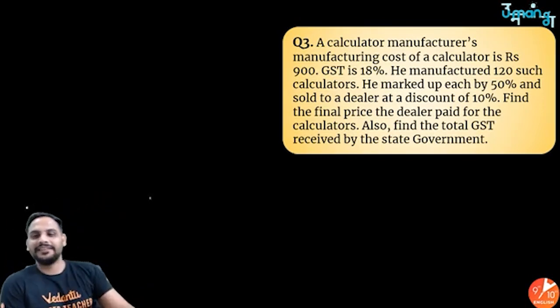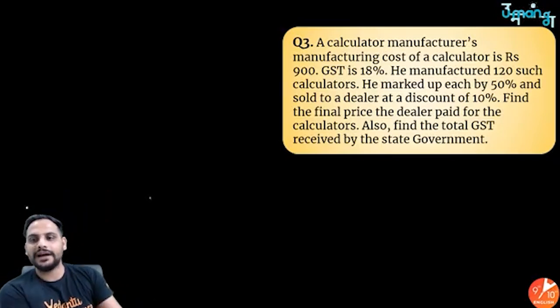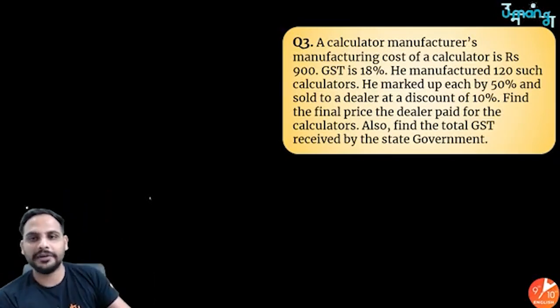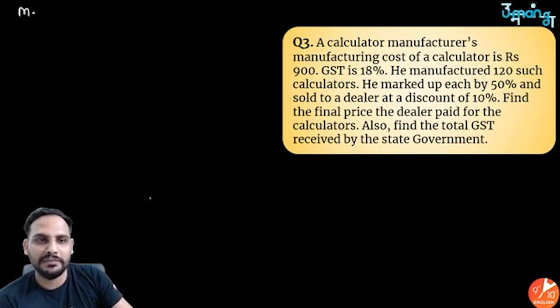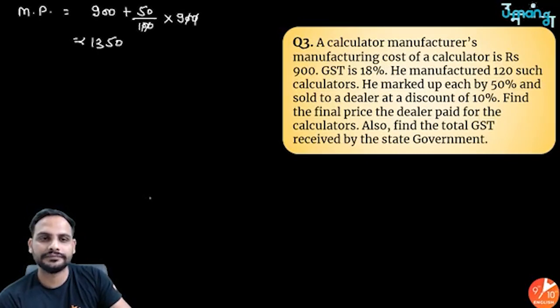The manufacturing cost is 900. He has marked the price up by 50%, so the marked price will be 900 plus 50% of 900, which gives you 1350. Then he is selling to the dealer at a discount of 10%.